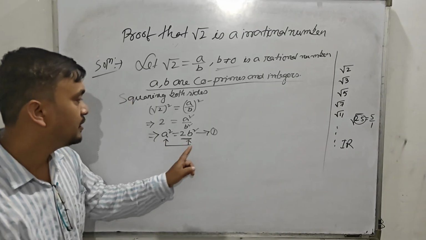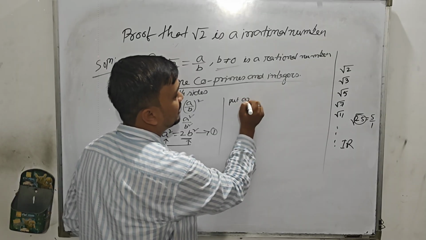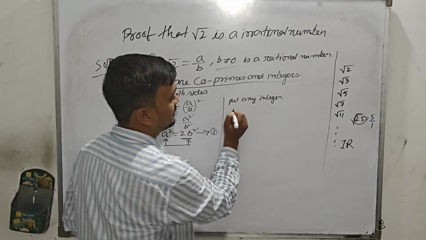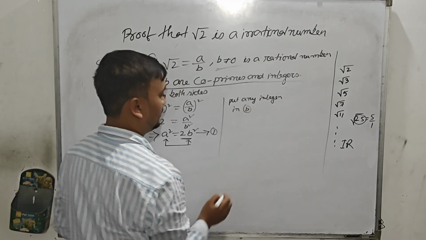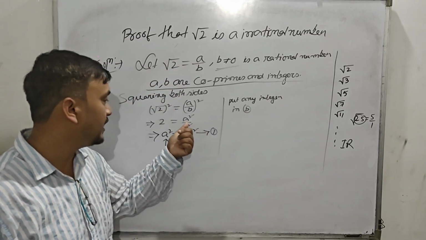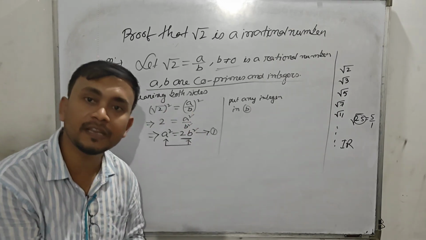Put any integer in b, maybe it is minus 2, maybe it is plus 5. If you put any number in place of b, b square will give a positive integer.